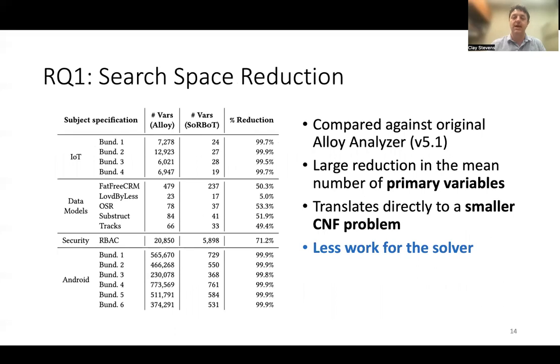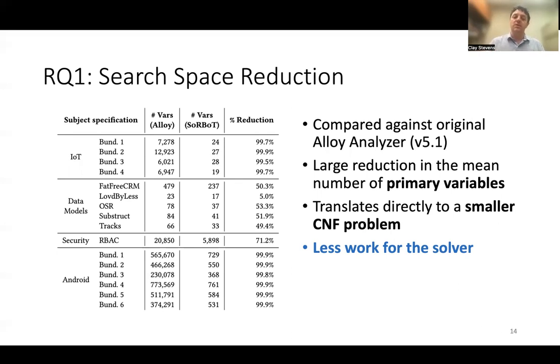First, we wanted to see how well Zorbot can do at reducing the search space. So this is compared against the CNF problems that were generated by the original Alloy Analyzer version 5.1. We took the mean number of variables, which is what is represented here, and the mean percentage reduction point to point for each solution as we apply a random set of operations.